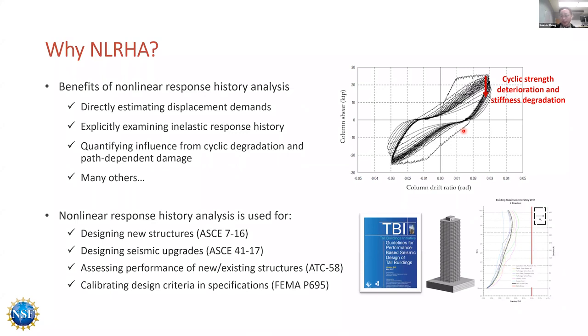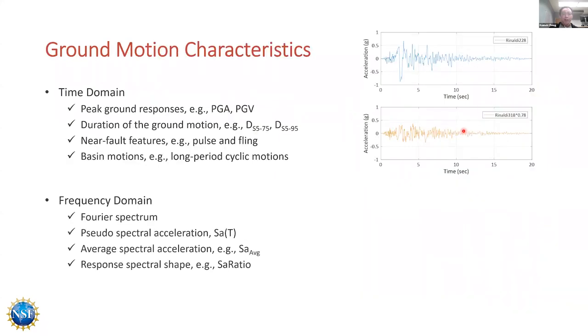And on the left bottom, one famous example in our tall building initiative, looking into performance-based design for seismic performance assessment of a 42-story tall wall building in Los Angeles.